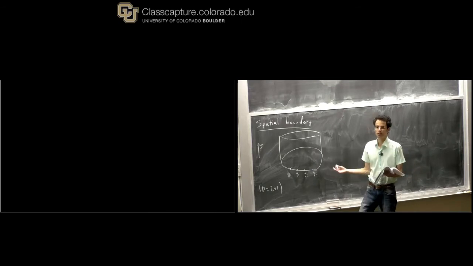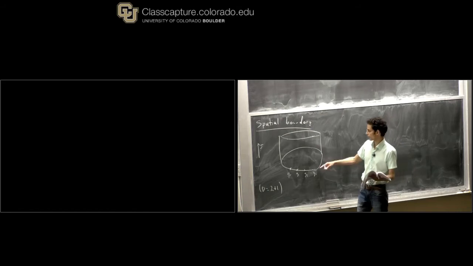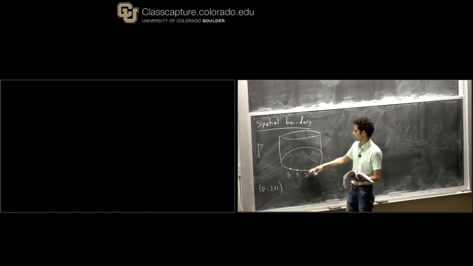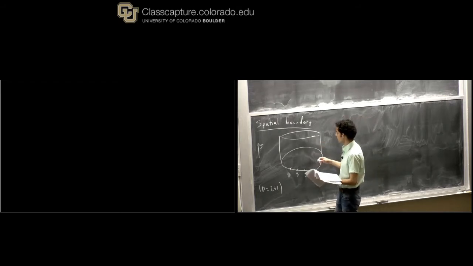Let's try to figure out, can we build an effective action, or more precisely an effective Hamiltonian for the boundary, right? So I can think about it in the following way. First of all, no matter how many points I have on the boundary here, to calculate the full partition function, I can just pick one point in the bulk.